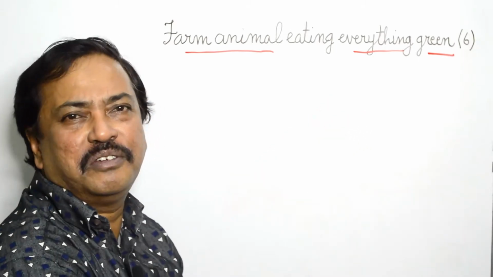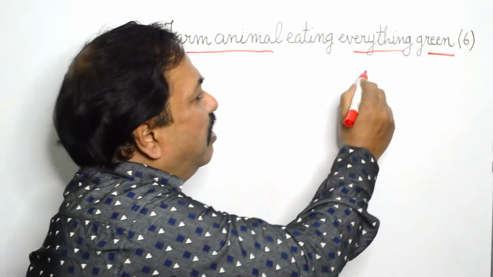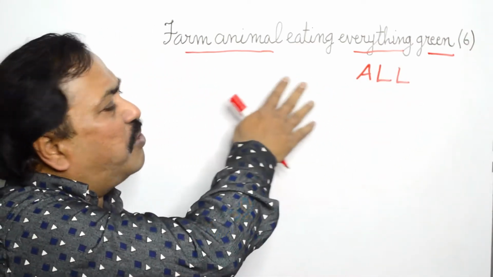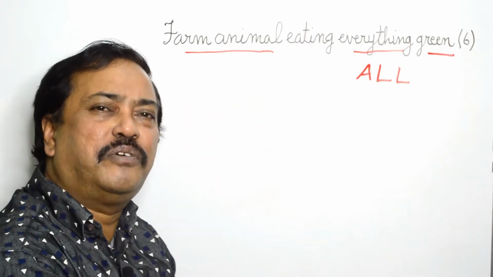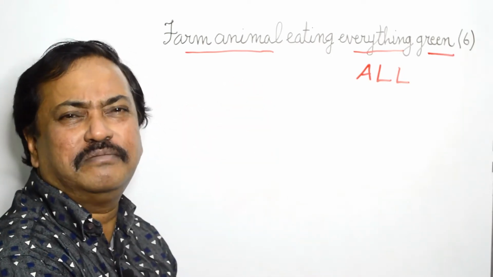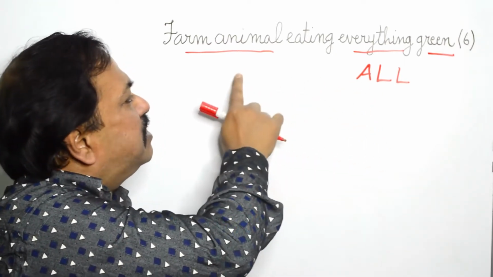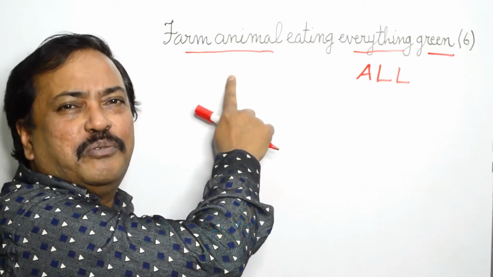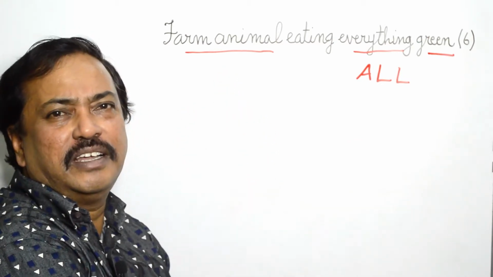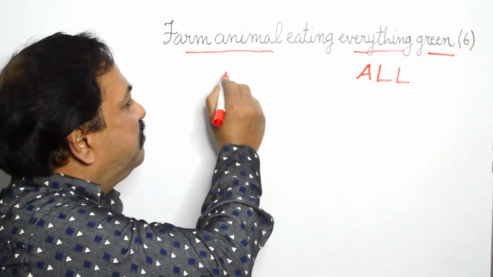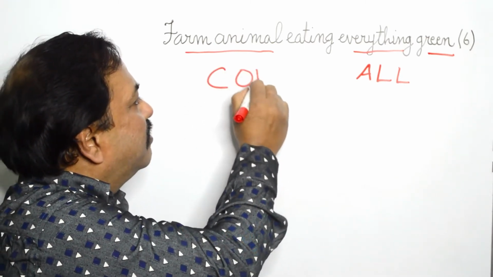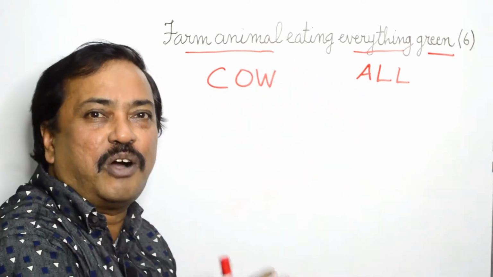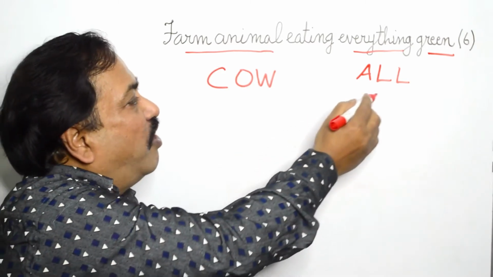Now for everything, we have a word, say ALL, a 3-letter word. So now a farm animal, we can think of a cow, a goat, sheep. But suppose we take ALL here, we can think of a 3-letter word for a farm animal, say COW. Now this cow eating all means this cow taking inside ALL.